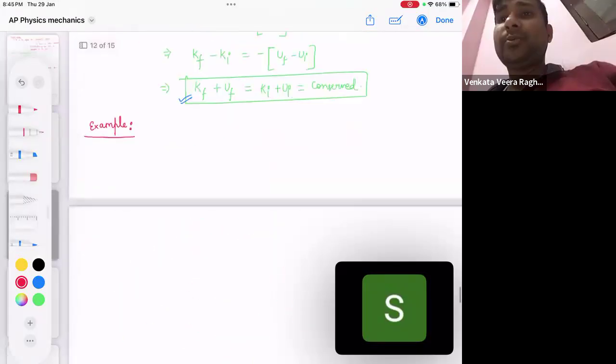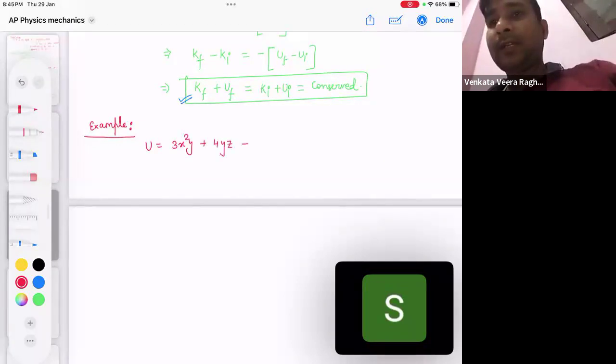Let's say in the question, the potential energy of a particle is given as 3x squared y plus 4yz plus 3x cube z cube.